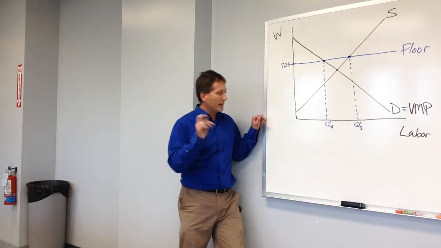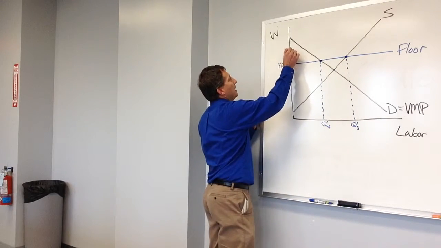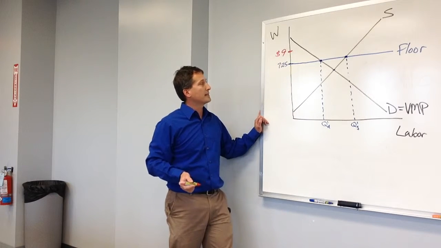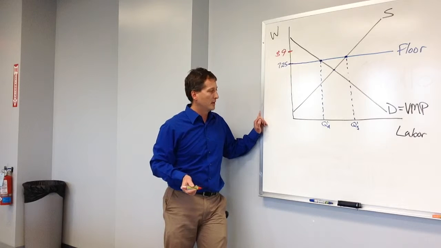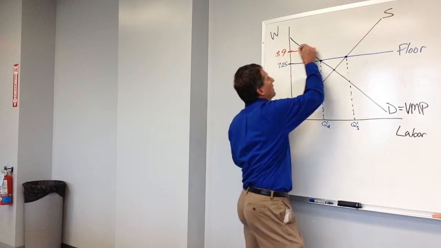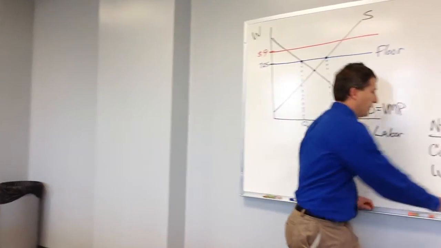All right. Now, if we raise the minimum wage to $9, which was proposed, what is your prediction of what happens? Greater surplus. So let's kind of characterize some of these now.